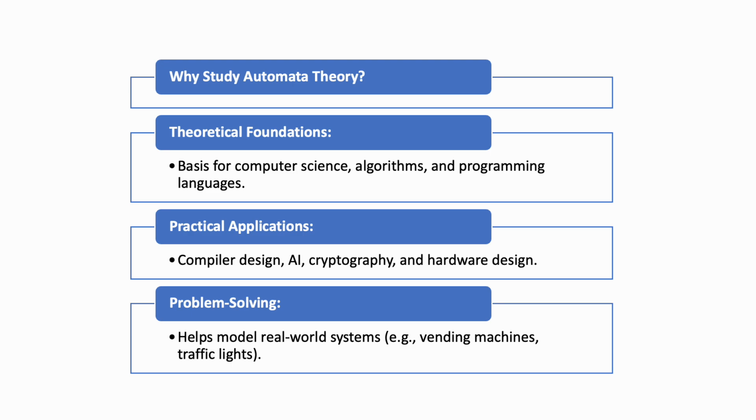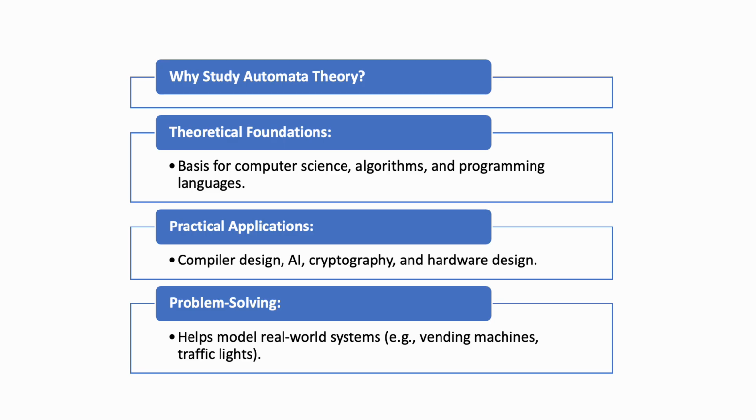Why study automata theory? It provides the theoretical foundations of computer science, the basis for computer science algorithms and programming languages. In quantum computing, we will be using algorithms and programming languages. Practical applications are compiler design, artificial intelligence, cryptography, and hardware design.